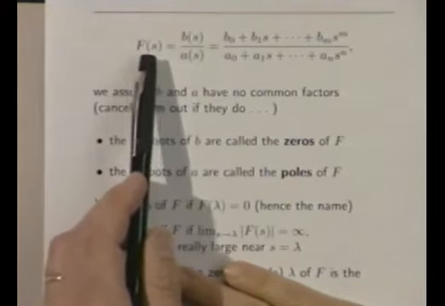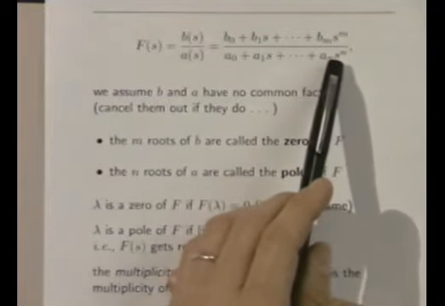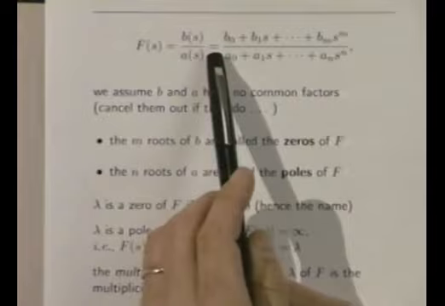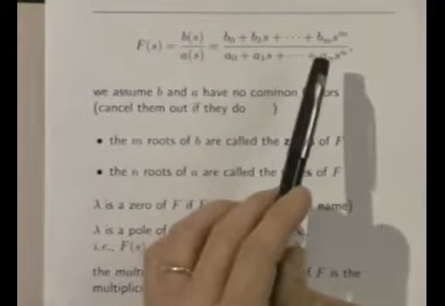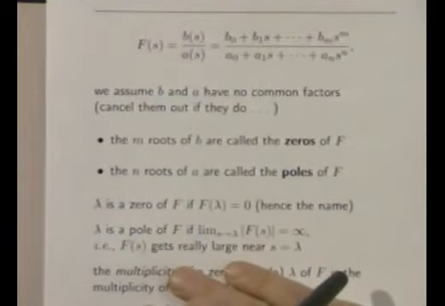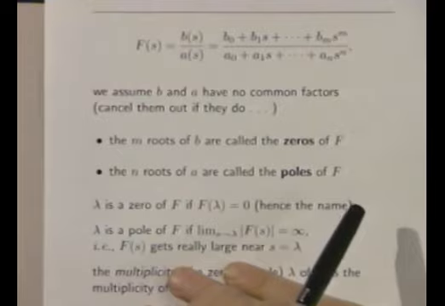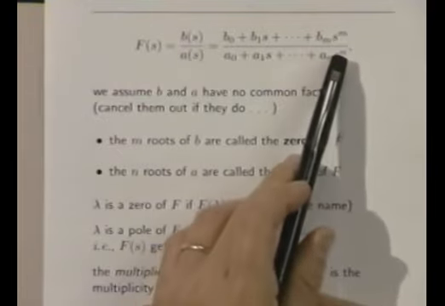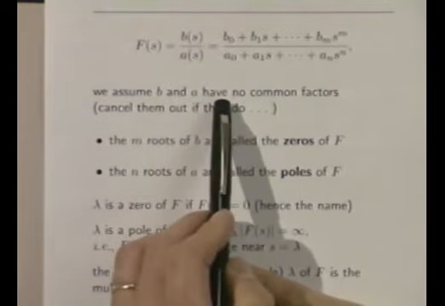That's what it says. In other words, if I asked you if the number lambda is a 0 of this denominator, and therefore not a 0 of the numerator, why couldn't it be one of both? Precisely, right. There's no common factors, right? So if lambda makes this denominator 0, it does not make the numerator 0 by this assumption here, right?